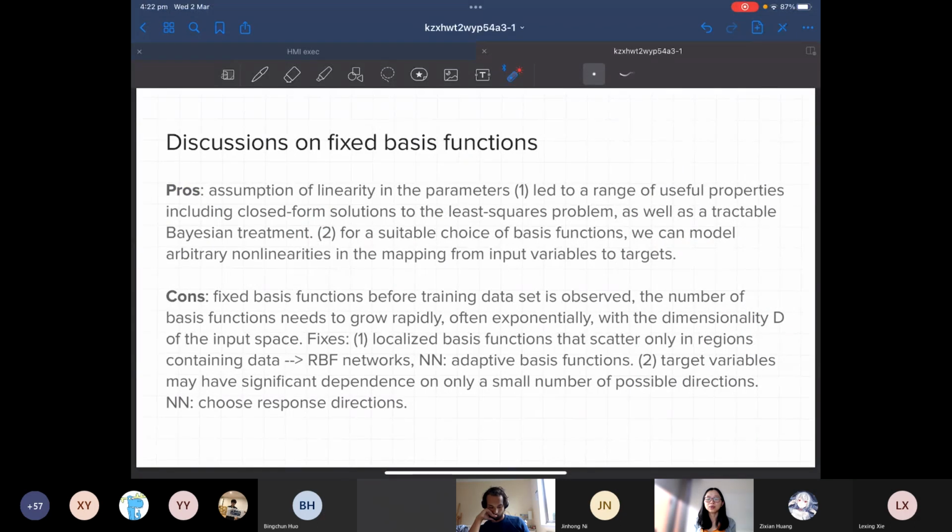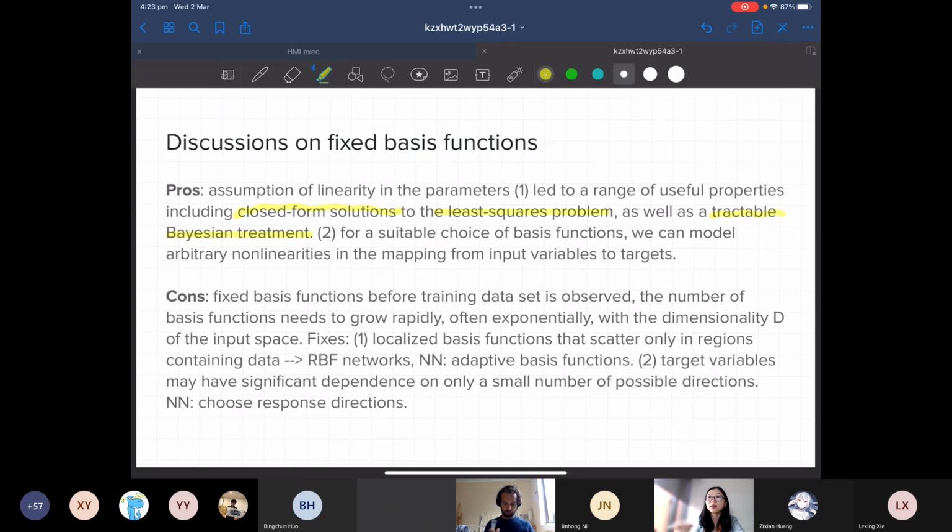So what this means for fixed basis functions and trying to do Bayesian inference on them is the following. There are pros and cons. The pros include: if we assume a fixed set of basis functions, we can get closed form solutions to the regularized least squares problem. And there's also a tractable Bayesian treatment, right?